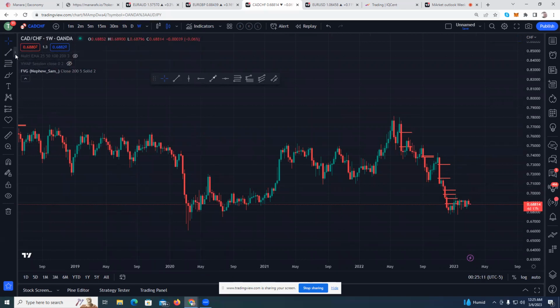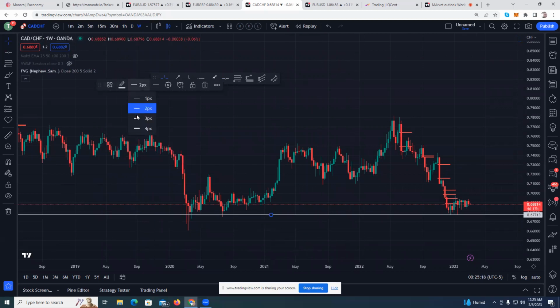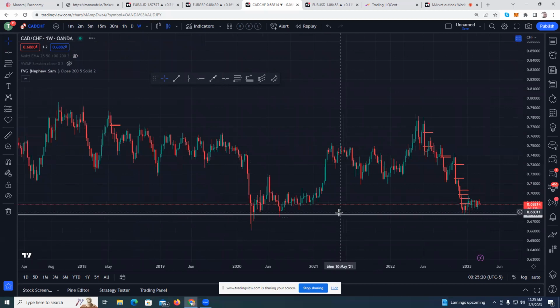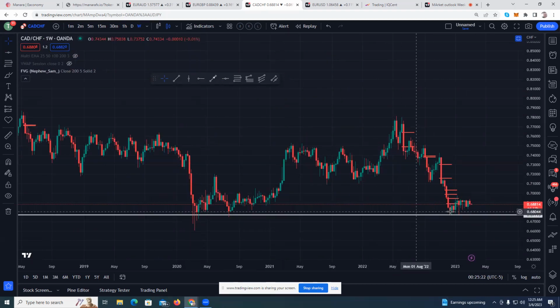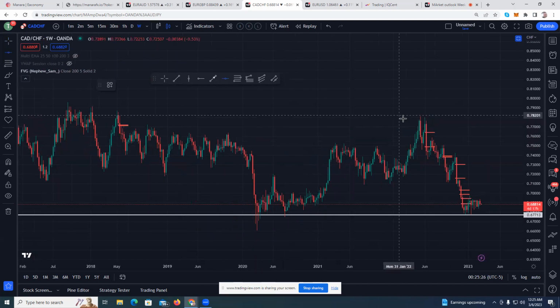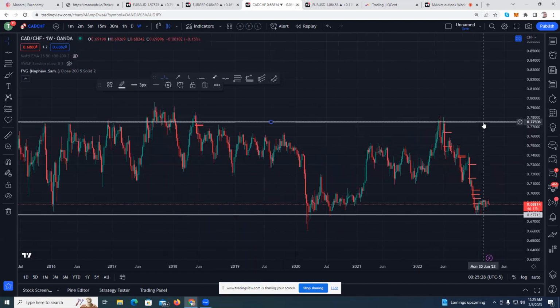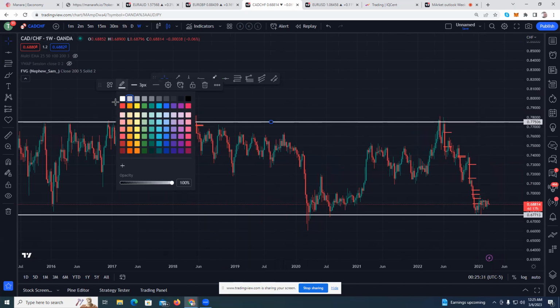Right now I see price action is pushing down to a major support area, okay? Let me just change this so we can all see it. So we have price action pushed down to a major support area. Then we're going to look for our next area of resistance, which is going to be right here.